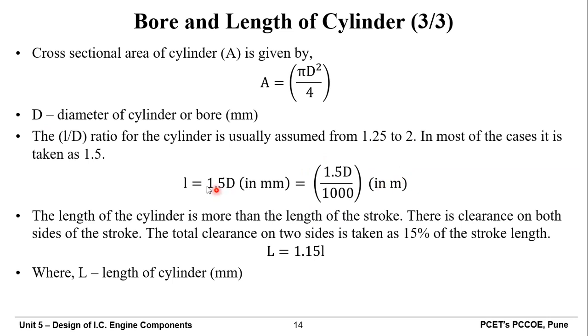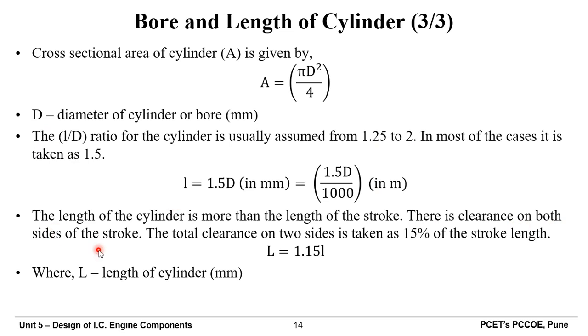And once you get the stroke length of the cylinder, you can easily calculate the length of the cylinder. Again, there is an empirical formula, and for that we consider the clearance on both sides of the stroke.